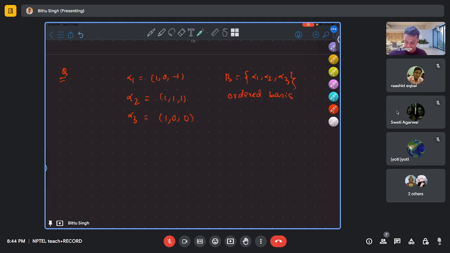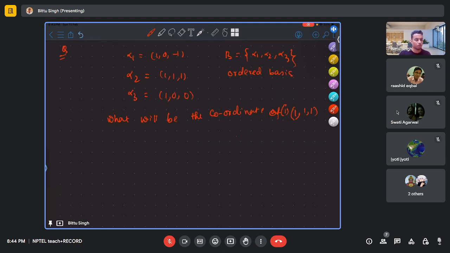So what will be the coordinate of a given point? Suppose (1, 2, 3), or suppose (1, 1, 1). Question 1: what will be the coordinate of (1, 1, 1)?